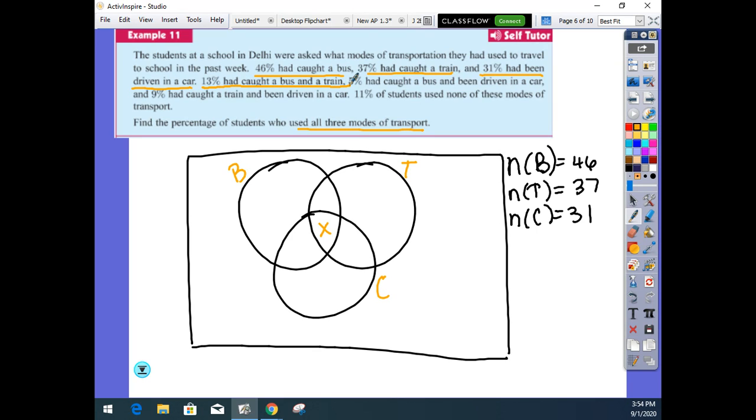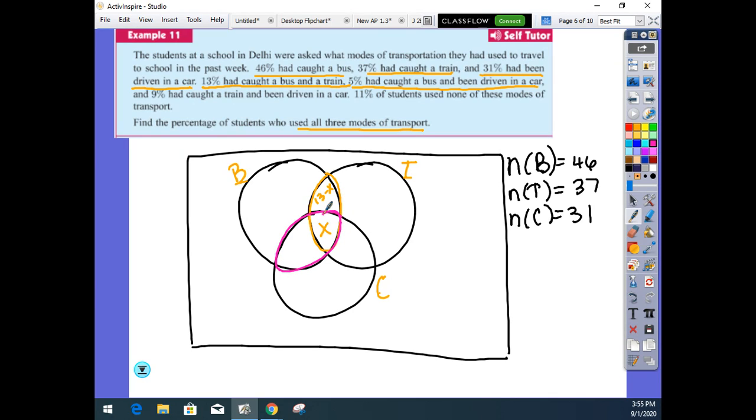All right, the next part. 13 had caught bus and train. Bus, train is this part here is 13. Well, if this part is x, this part in here is 13 minus x. 5, bus, car. Bus, car, that overlaps. Let me change colors.